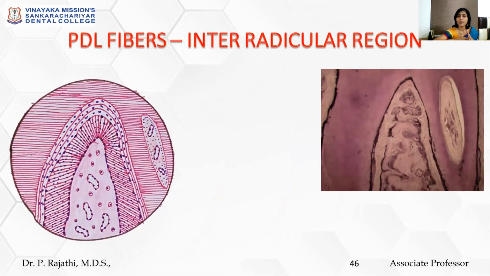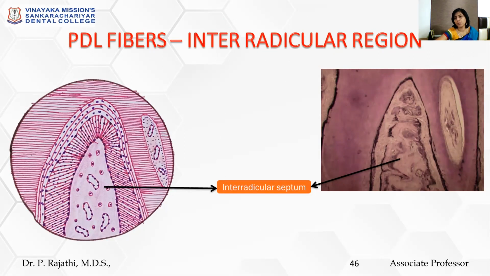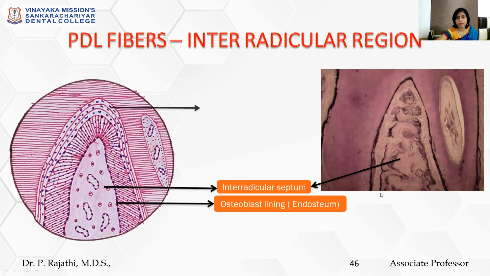Coming to periodontal ligament fibers in the interradicular region. Here this is the interradicular region under a lower view. So you can see the interradicular septum, bone tissue can be seen here. This again is a decalcified section, with the osteoblast lining. So that can be somewhat appreciated in this picture also.